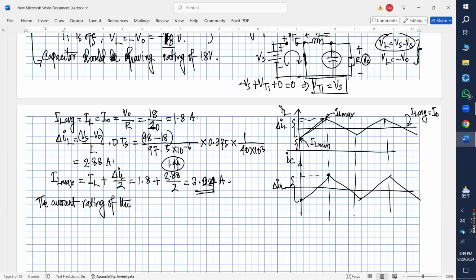The current rating for the inductor will have two components. One is the DC component, and another is the triangular waveform component. So if you know the equation, IRMS is the square root of IRMS 1 square plus IRMS 2 square and so on, for all the frequency components that you have.